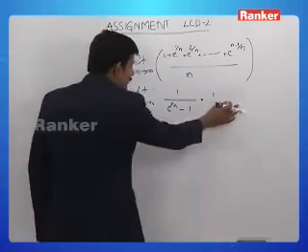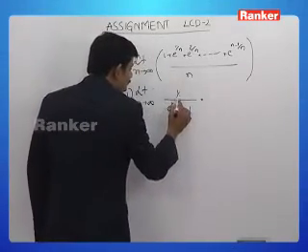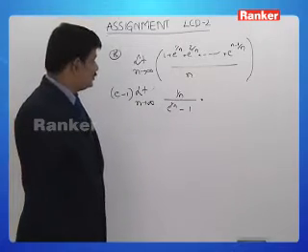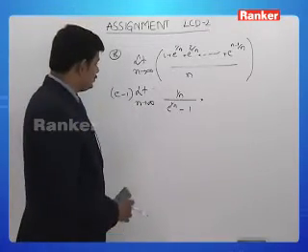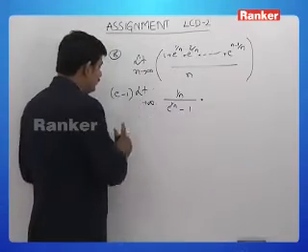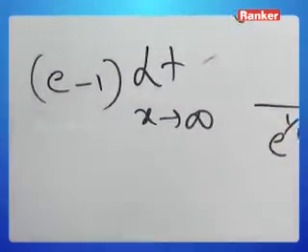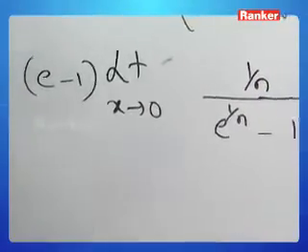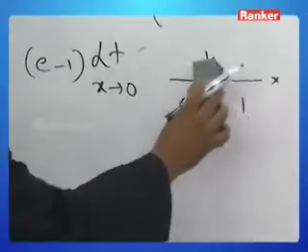Now, this 1 by n, let us write it here: as n tends to infinity, 1 by n tends to 0. So, this limit is equivalent as 1 by n, let me replace by x. As n tends to infinity, x tends to 0. I can replace 1 by n by x.